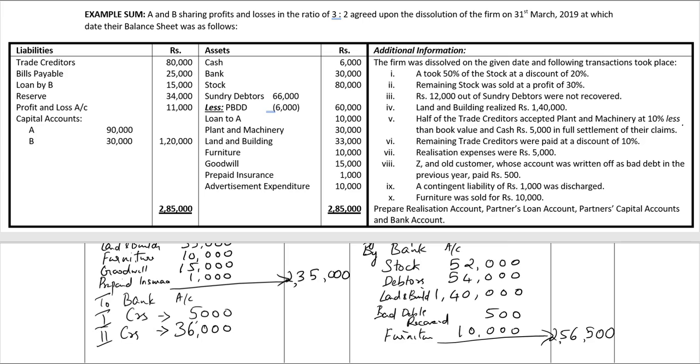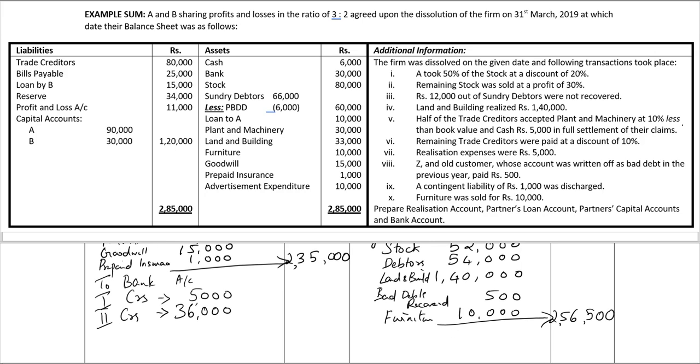We'll pass a separate entry for realization expenses, the seventh point. The ninth point says a contingent liability of rupees 1,000 was discharged. So contingent liability to bank account 1,000 rupees. Total amount paid for liabilities 42,000 rupees.